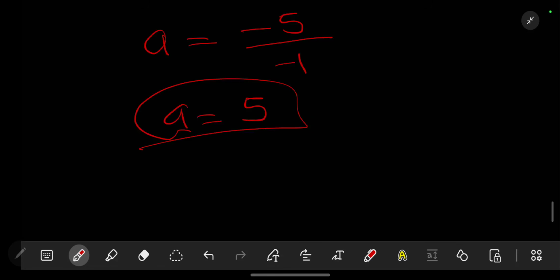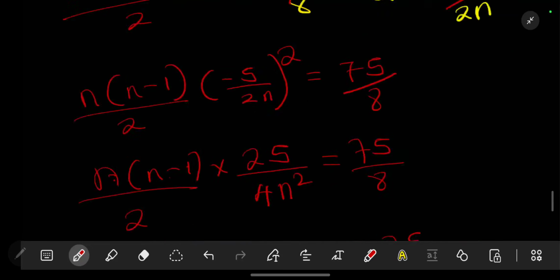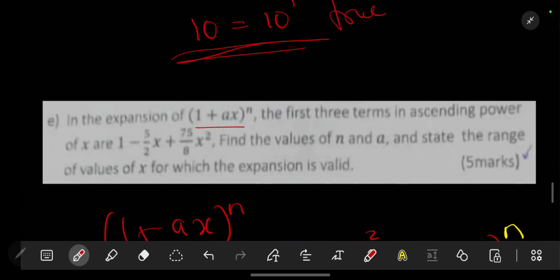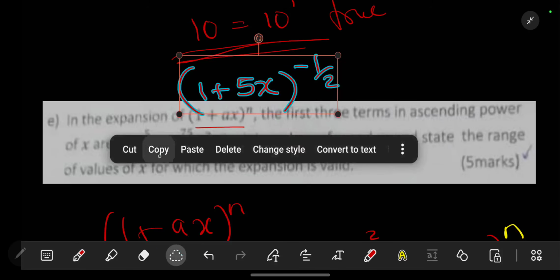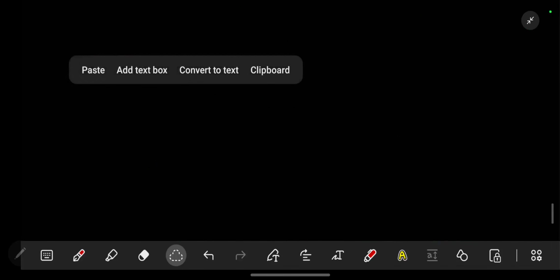So our expansion in this case, which was what was our expected expansion? So we have our 1 plus, where there is a, we put 5x to the power of negative 1 over 2. So using this, we are going to answer the last part of the question to find the validity of the expansion.